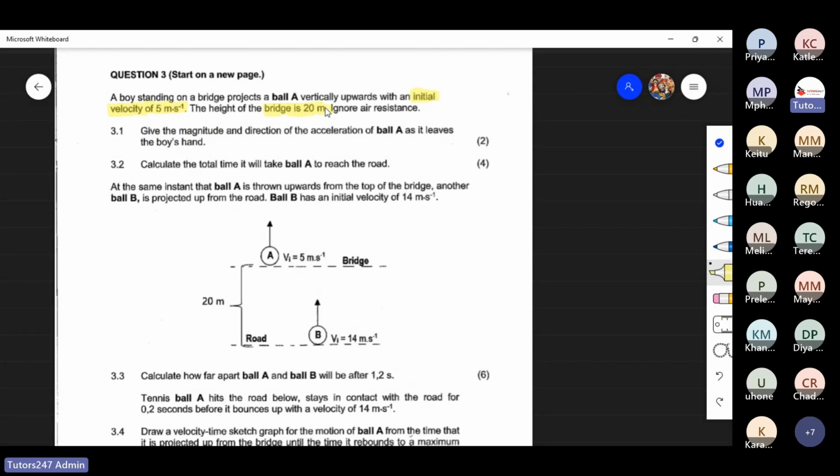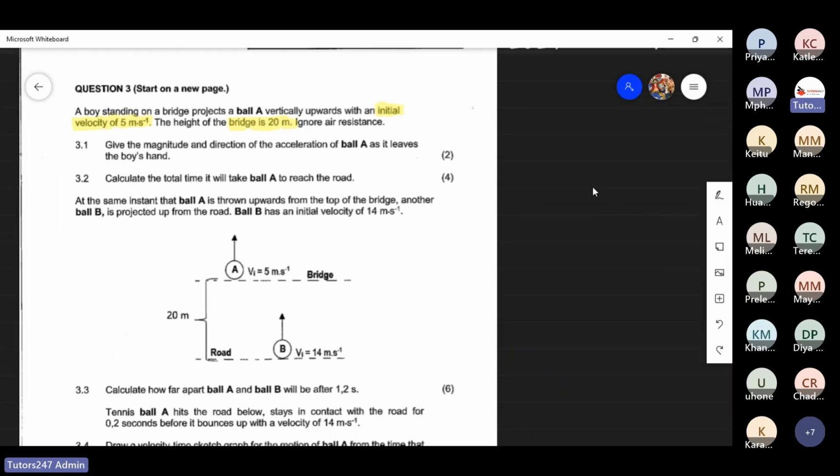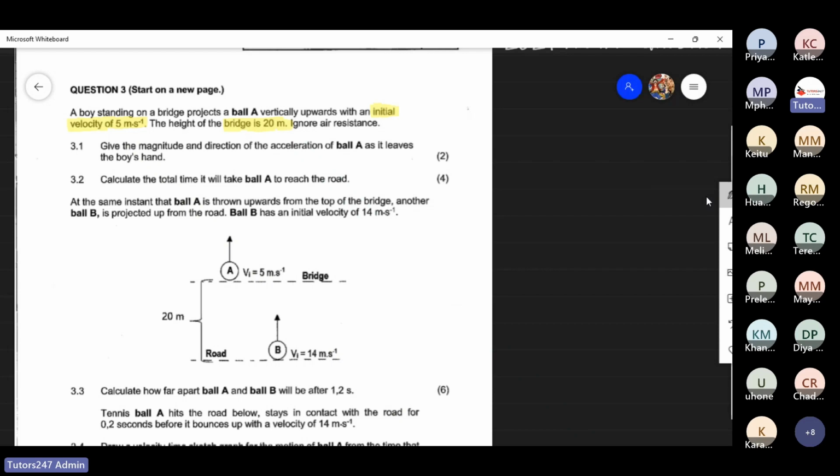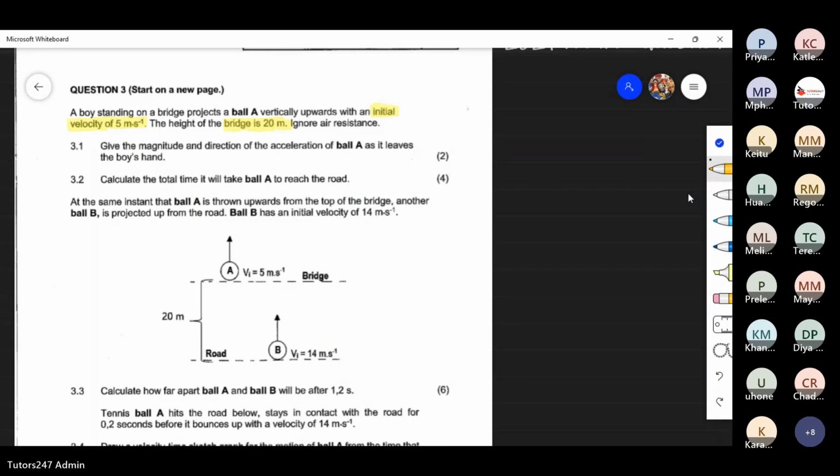Question 3.1 states: give the magnitude and direction of the acceleration of ball A as it leaves the boy's hand. For all my calculations, unless otherwise stated, I am going to assume upwards as positive. You're welcome to assume downwards as positive. That's completely up to you.